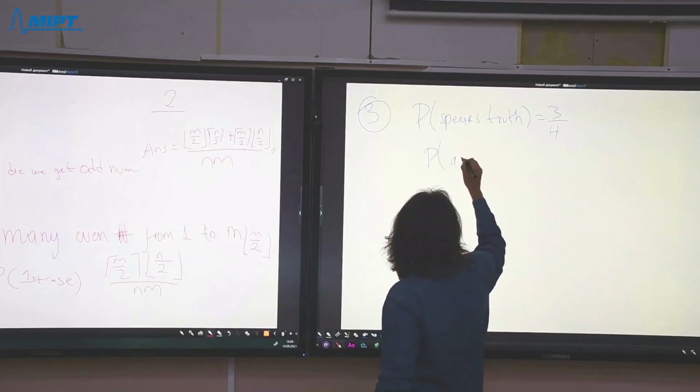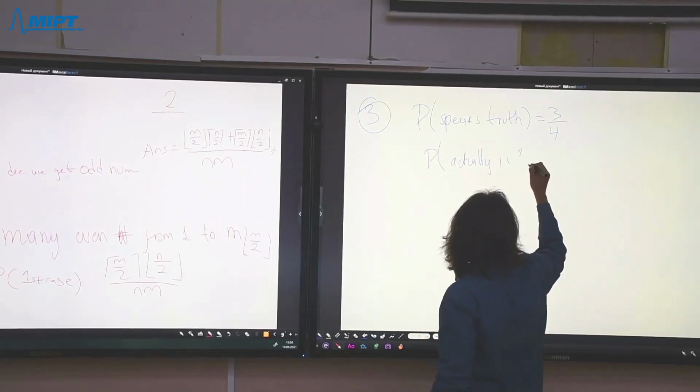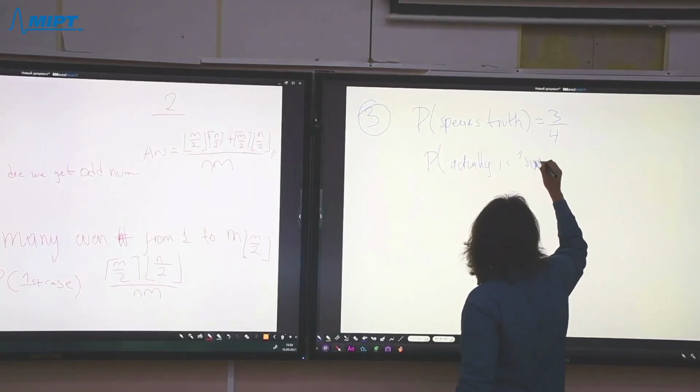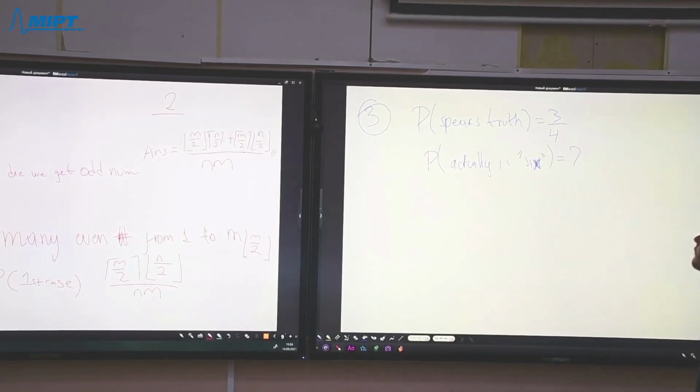So we know that the probability that he speaks the truth is 3/4, and the probability that he speaks false is 1 minus the probability that he is speaking true.